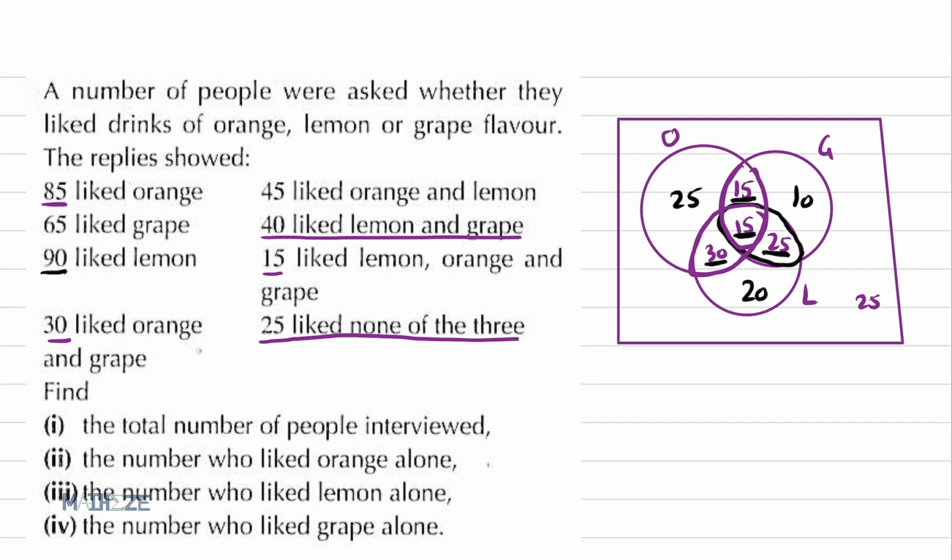Now you were supposed to find the total number of people interviewed. Let's add all of this. 25 plus 15 plus 15 plus 30 plus 10 plus 25 plus 20 plus 25.